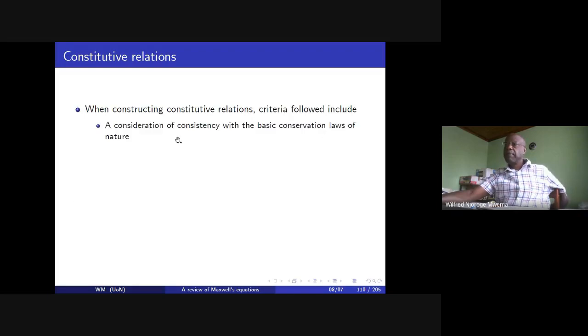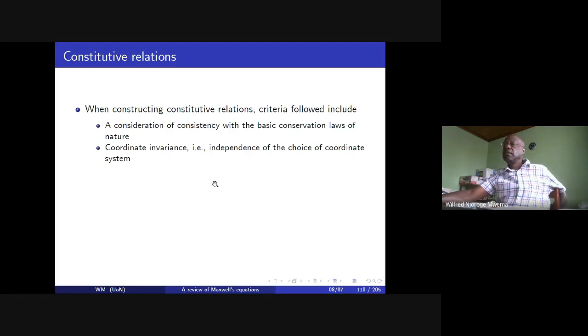One, we must always think of consistency with the basic conservation laws of nature. That is, charge must be conserved in that particular material. If you get a constitutive relation that does not conserve charge, then that constitutive relation is not correct.